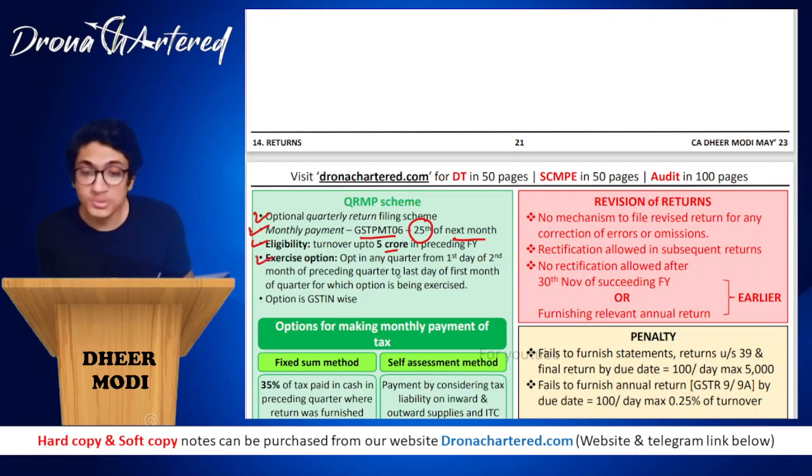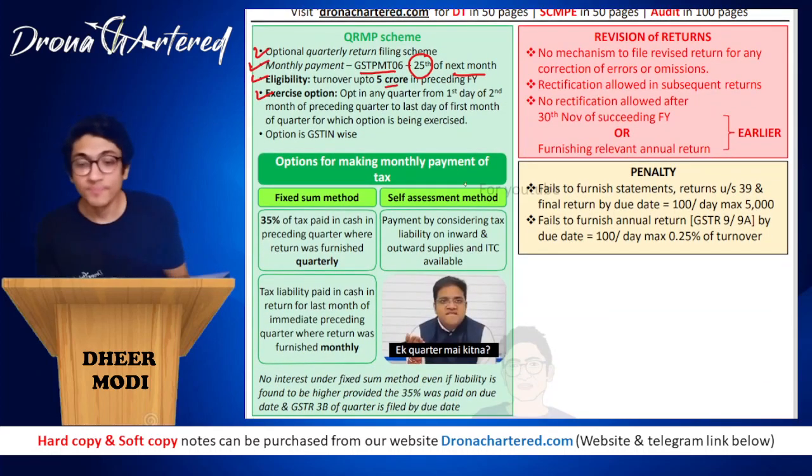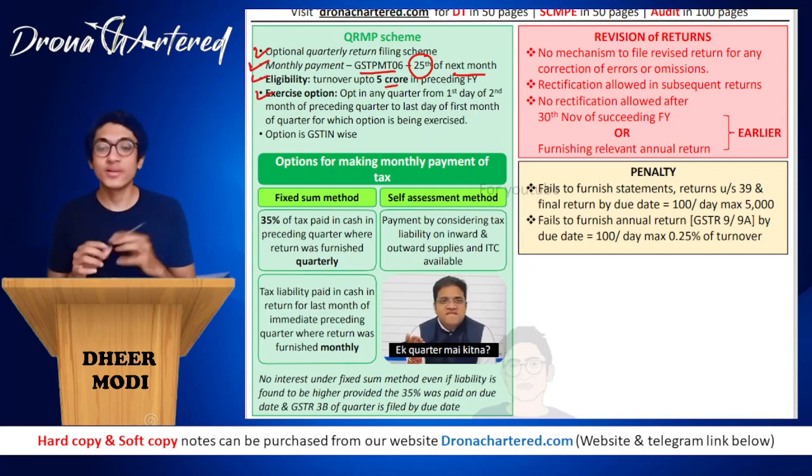Next is exercise option. So you will be allowed to opt in any quarter. Okay, I will need some space to explain this. Opt in any quarter from first day of second month of preceding quarter to last day of first month of quarter for which option is being exercised. If you want, pause the video, try to understand what they're saying. I will tell you by example.